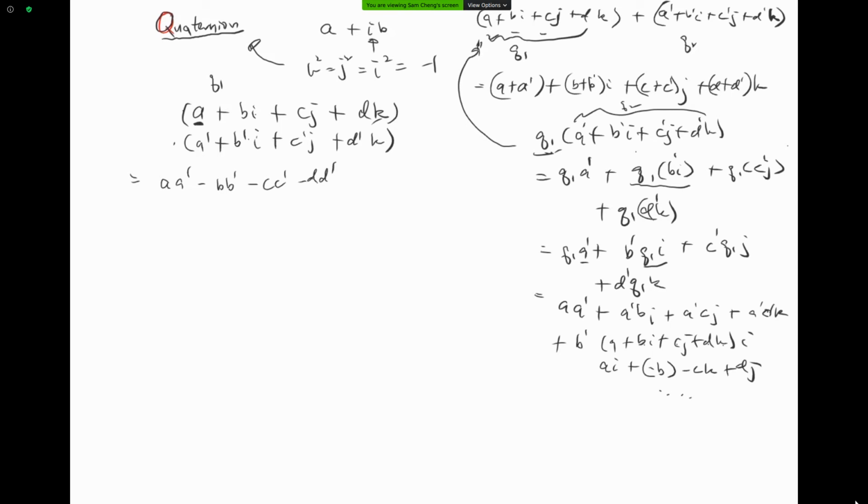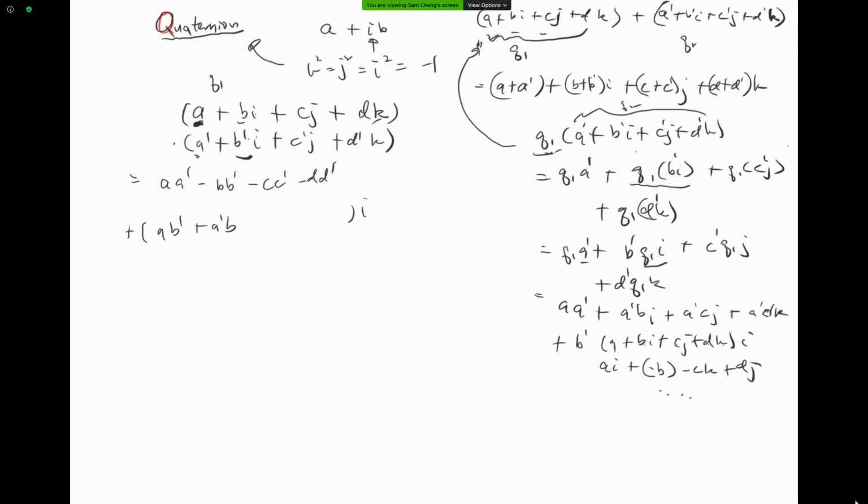Okay, now let's think of when I will get i terms here. I will get i terms for the cross term like a times b pi i, right? So I have a b pi here, and also a pi times b i will give me i here. Now what else will give me i here?